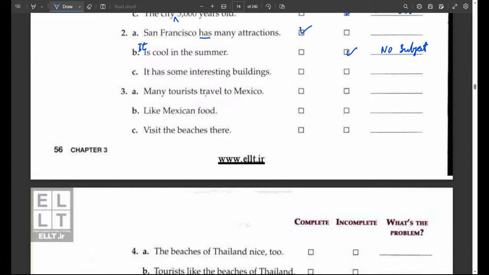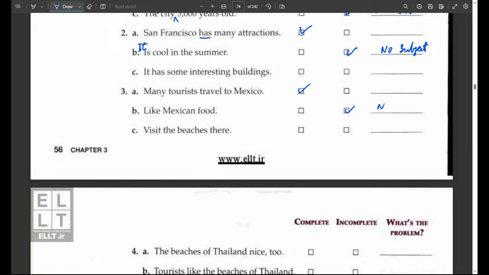Many tourists travel to Mexico. This is complete. Like Mexican food. Visit the beach there. So this is incomplete. Like is the verb. Who likes? What likes?